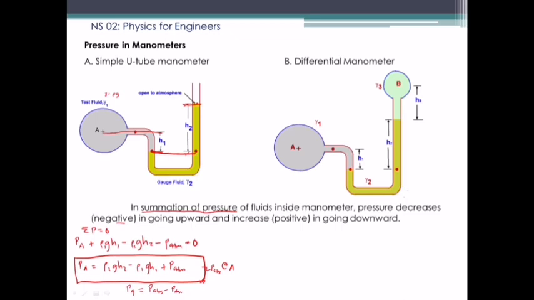Therefore, you do not include atmospheric pressure if you are asked for the gauge pressure. That is how you solve for pressure inside the manometer, for a simple U-tube manometer using the concept of summation of pressures.